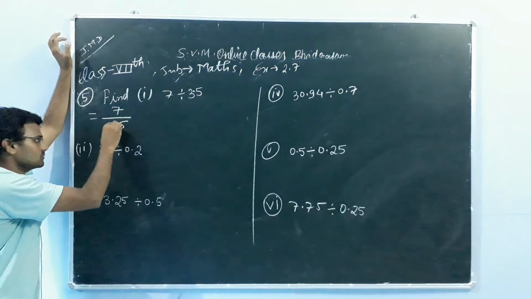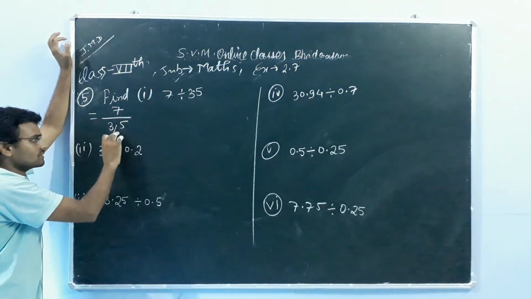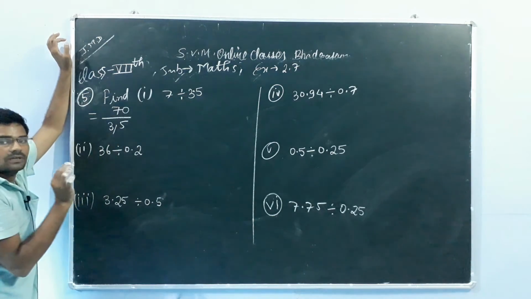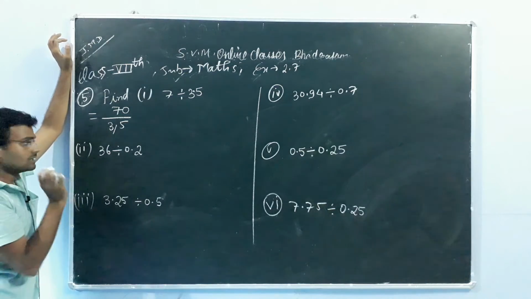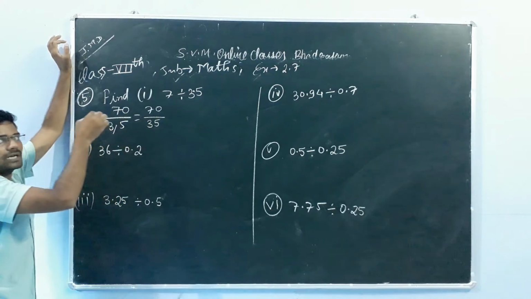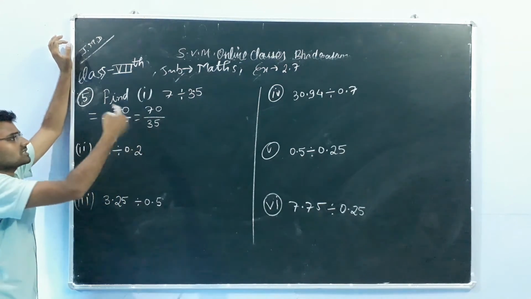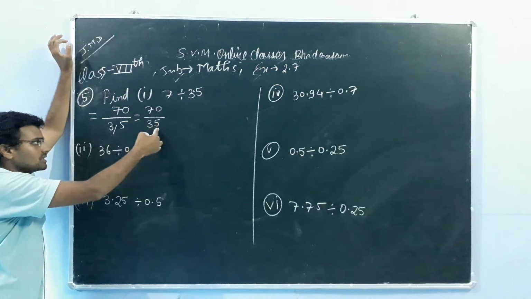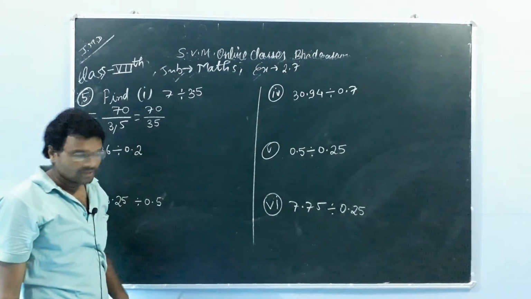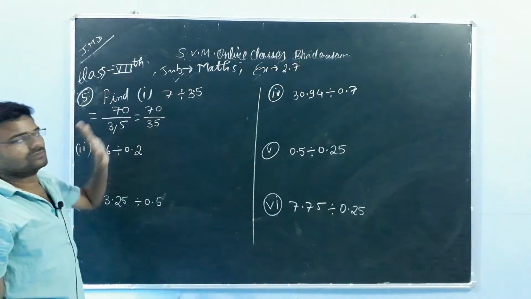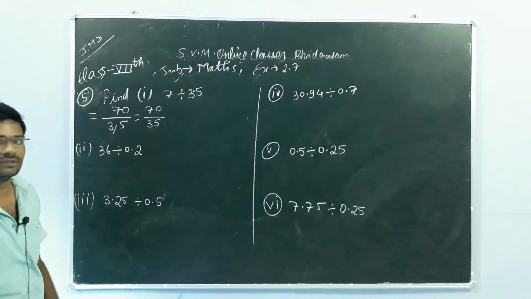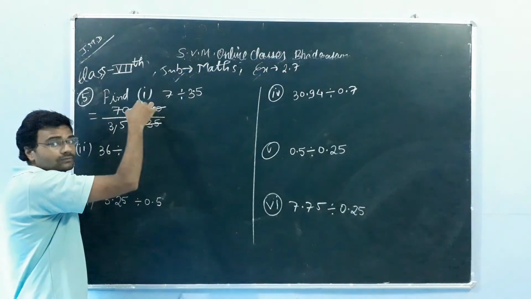Now we are free from any decimal point, and our fraction is converted into 70/35. It is clear that 70 is 2 times 35, and if you are not able to perform this type of big calculation, we will solve it by dividing both by 5.